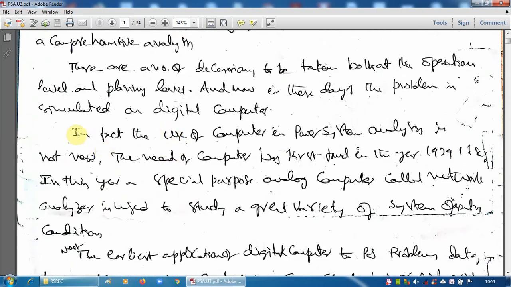You see here it is mentioned that in fact the use of computers is needed, as this load flow analysis also contains huge data because of the large size of the system. It is somewhat difficult to proceed manually. So like all other studies, these studies also have to be performed using a computer.